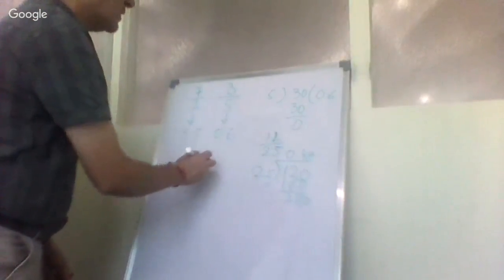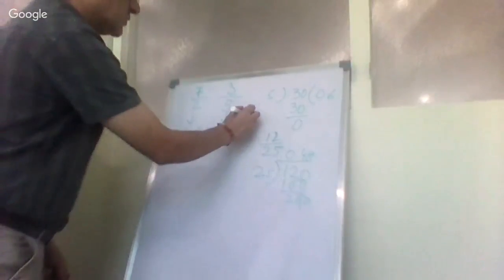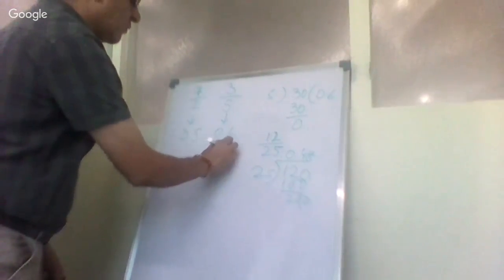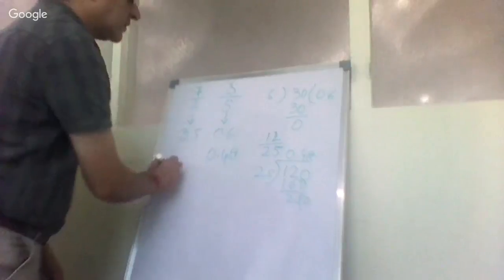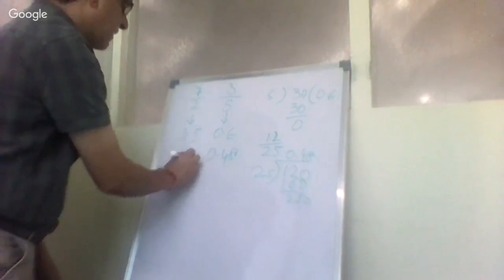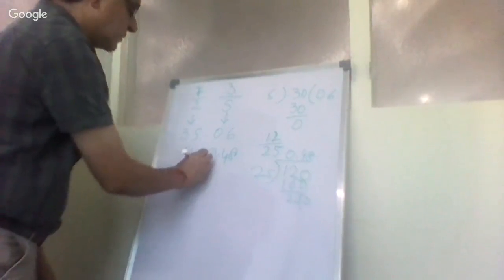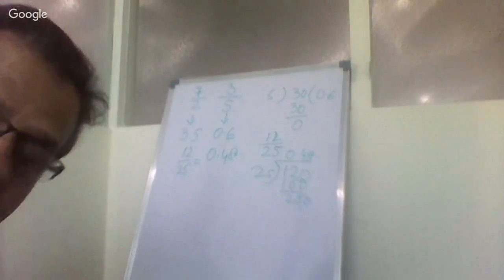So how much are we getting? 0.48. That is 12 by 25. Did you get this one? Clear? Yes.